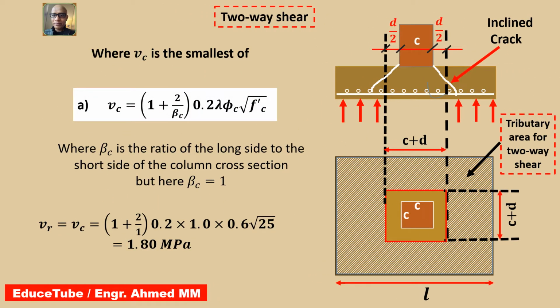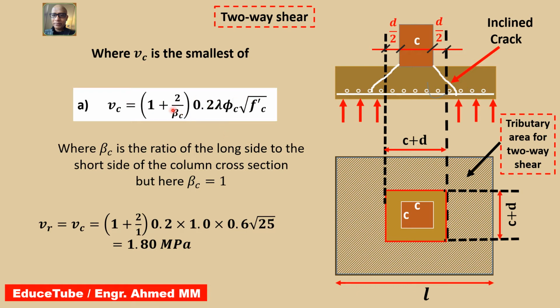As I told, the small VC is the smallest of three equations; this is one equation. We will use the other two equations in the next slides. Let's see first what value comes from this equation.